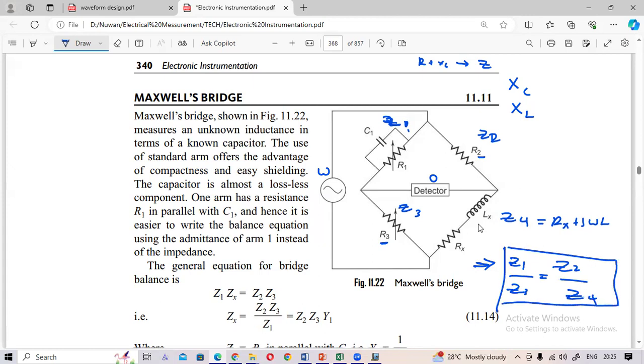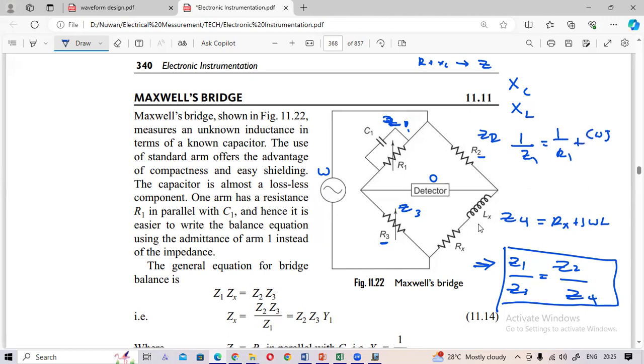So now try to find this Z1. Actually, finding Z1 is very easy. 1 over Z1 is equal to 1 over R1 plus 1 over 1 over C omega j, that means C omega j will go up.